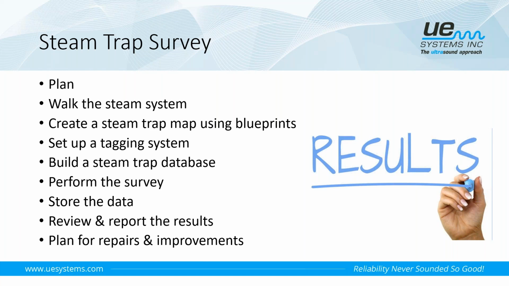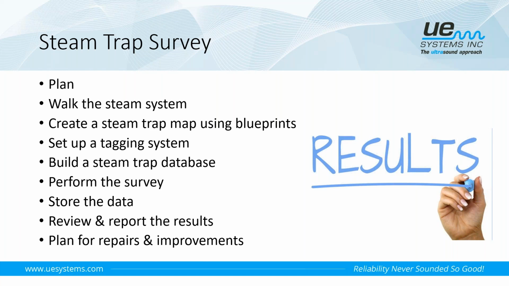A lot of people will use that as their steam trap database. So it just becomes a place for you to set up that trap database. You can add in photos, you can add in infrared images. And once we start to build that data, we can generate some really nice reports in that DMS software.